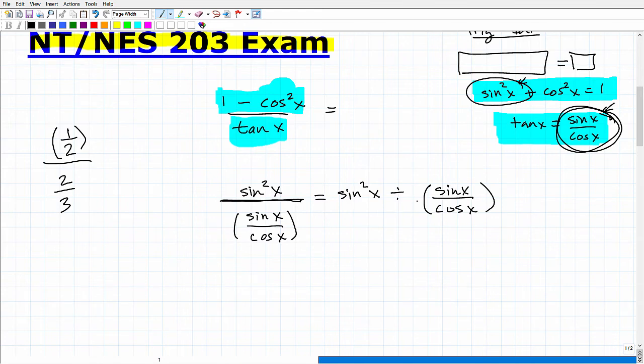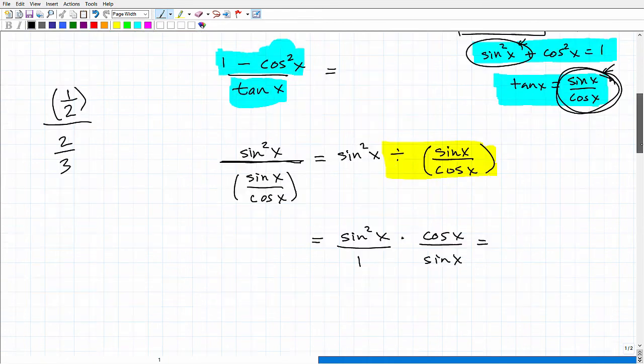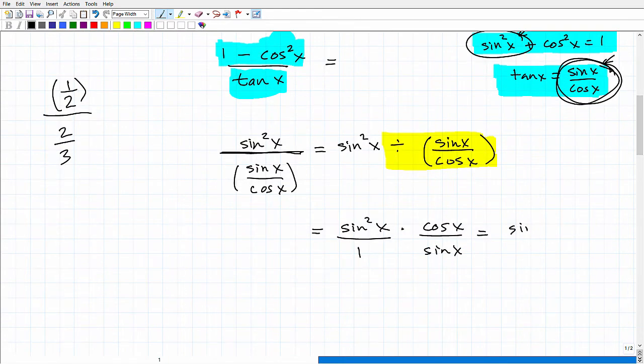Now at this point, knowing your stuff, we're going to flip this over and turn it into multiplication. So now we have sine squared x times cosine x over sine x, and this will be over 1. Now we can just write it this way: sine squared x times cosine x over sine x.